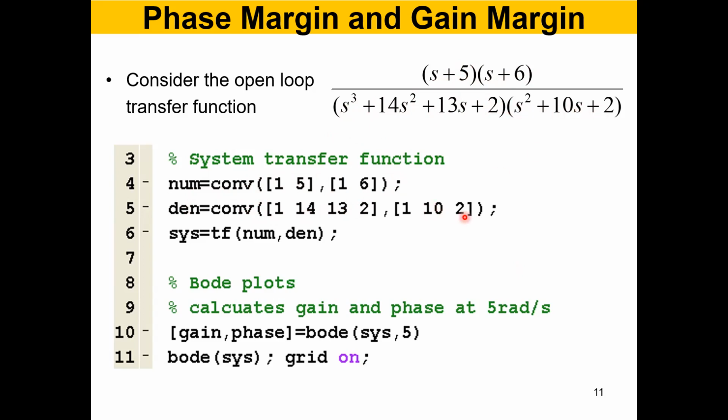There you are. And we create the system using the tf command, transfer function, numerator, denominator. So we have the whole block. Then you draw the Bode plots. This time is a bit different.